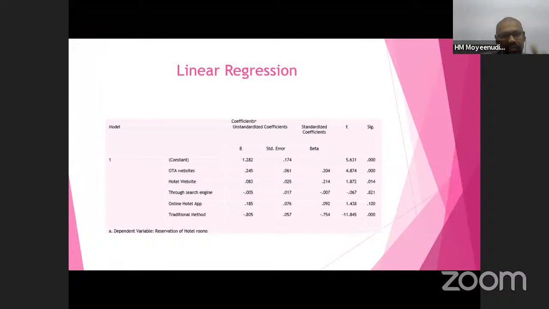Further, we have done a linear regression on this to know the significance. OTA websites have given a significant value of 0.000 here. We also can see that the traditional method is negatively associated with the study.